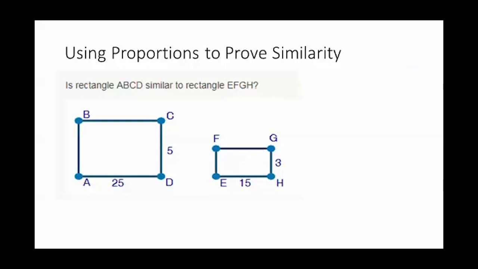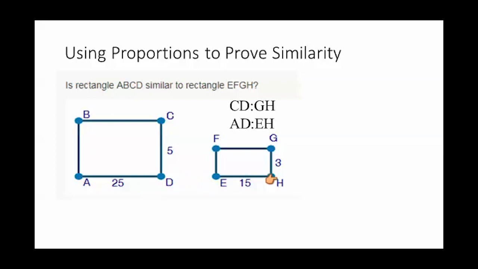But let's look at how to tell using the sides. I like to always list out which sides correspond to the other. So here I know my short side, CD, is going to correspond to the short side of my other rectangle, GH. And my longer length, AD, is going to correspond to EH.